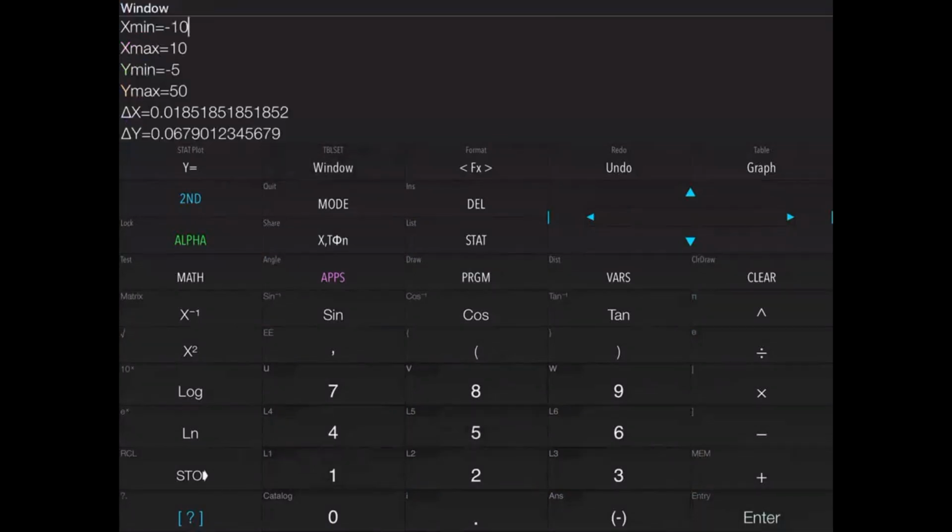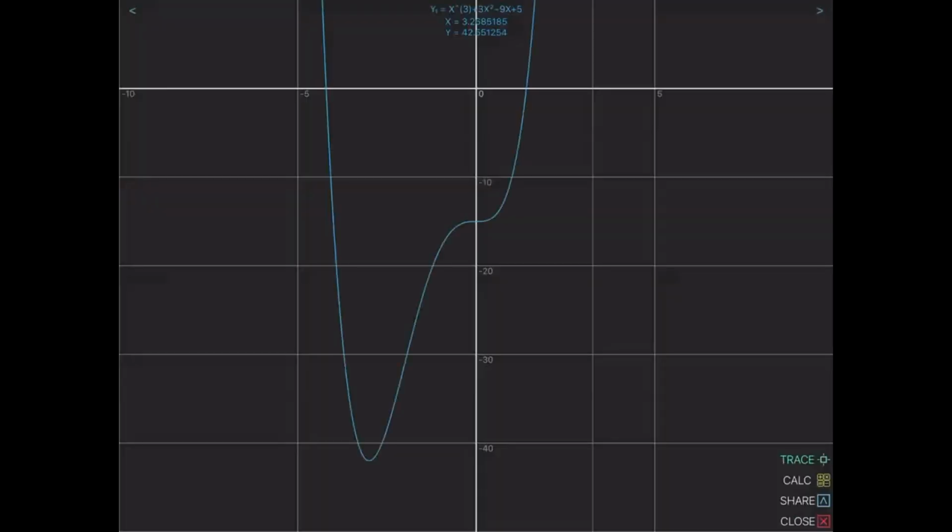Let me set my windows here based on what we found. That should be fine for the x values. And then for the y values, since we have pretty small numbers, let's do -50 to say 10. Okay, so there we have that function.